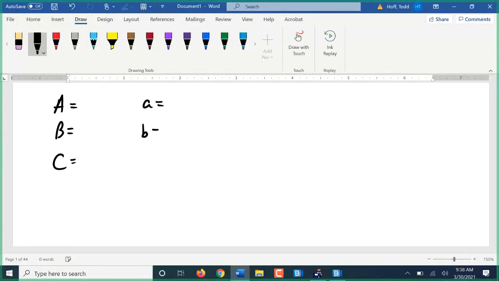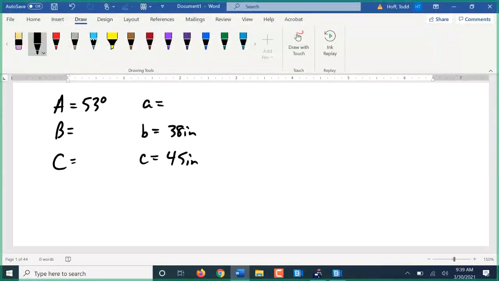Rather than continue drawing out triangles, I'm going to set them up this way here. Now I'm going to tell you here that angle A is 53 degrees, side B is 38 inches, and side C is 45 inches.